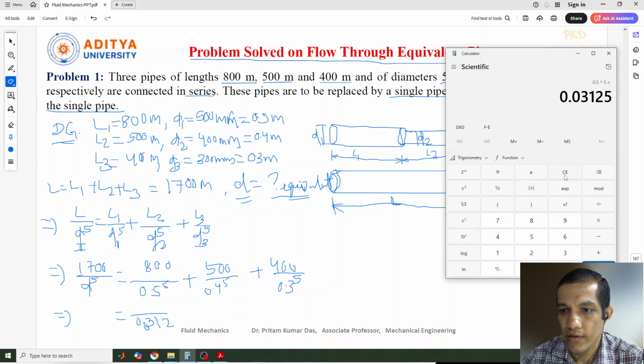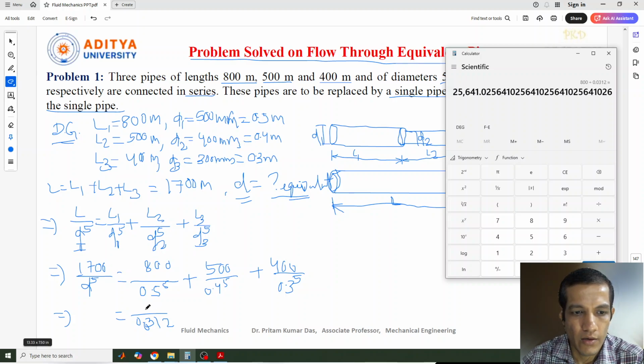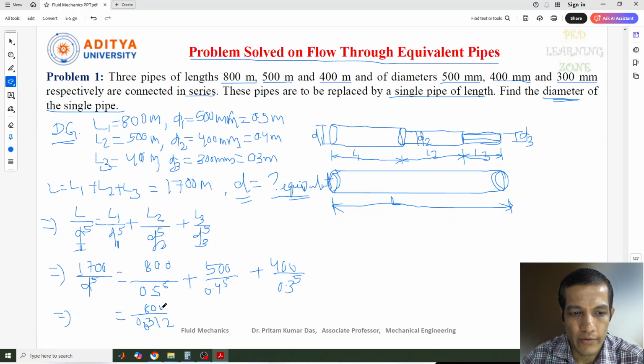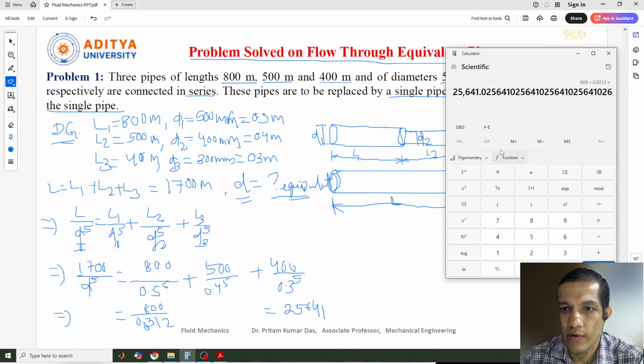So we divide: 800 divided by 0.0312, we get 25,641. That is the value we got here.